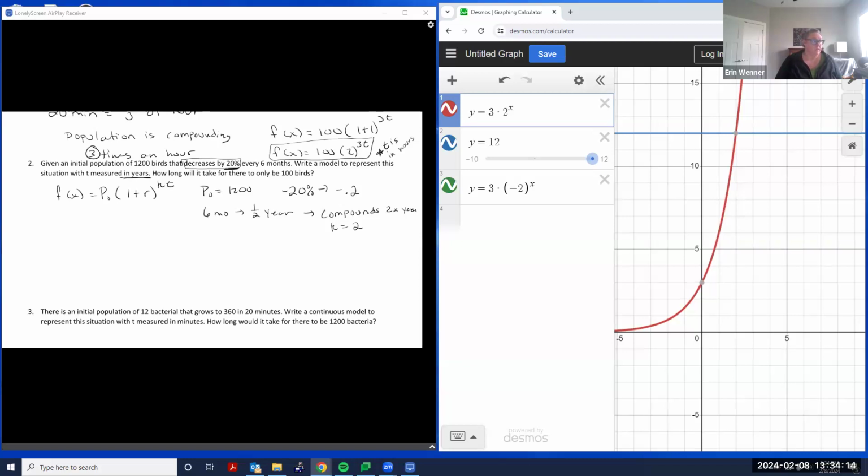So lots of information that we can build our model with. So we've got f of x equals 1,200 times 1 plus negative 0.2 to the 2t. So we can simplify.